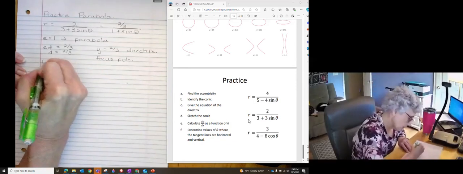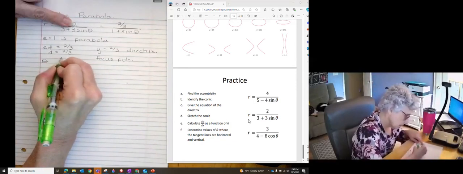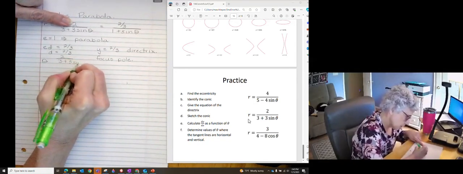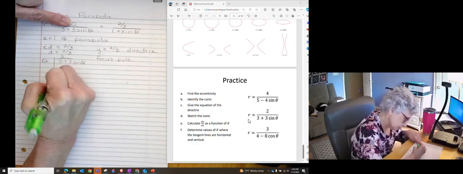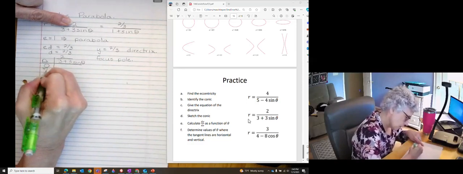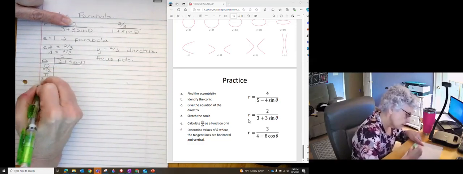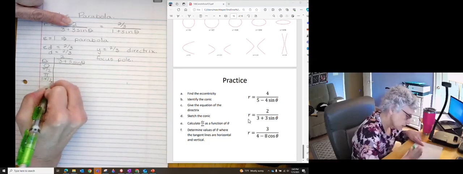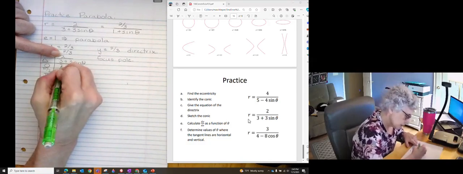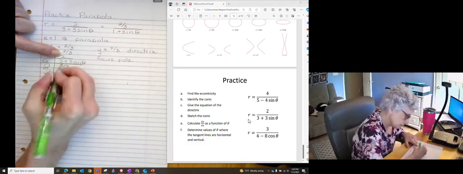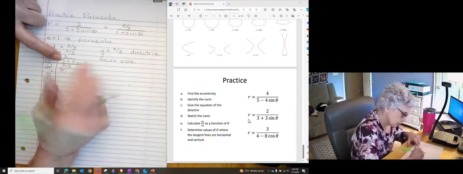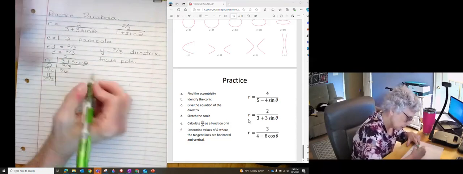Now let's make our little chart. We have theta, and I'm going to go back to this one to minimize the number of fractions. 0, pi halves, pi, 3 pi halves. So I have 2 over 3 plus 0. I have 2 over 3 plus 3.